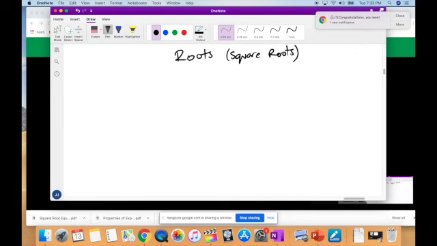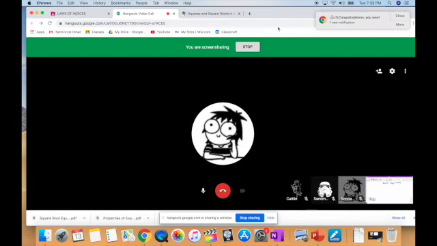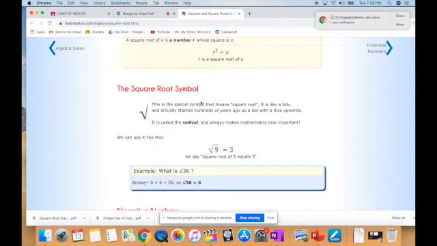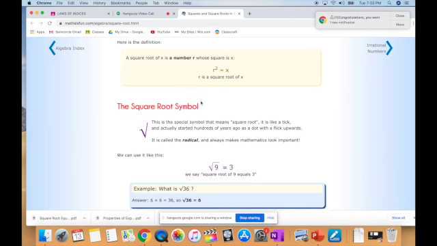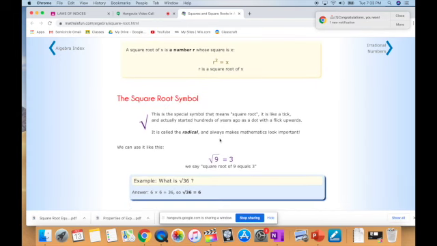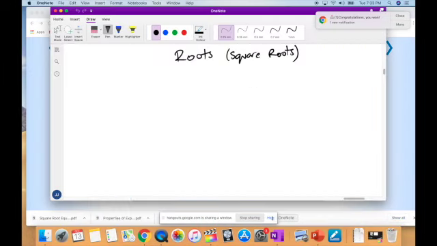Okay. So let's just take a look at this topic nice and quick. We can remember that if I have 5 squared, that is 5 multiplied by itself, which is 25.